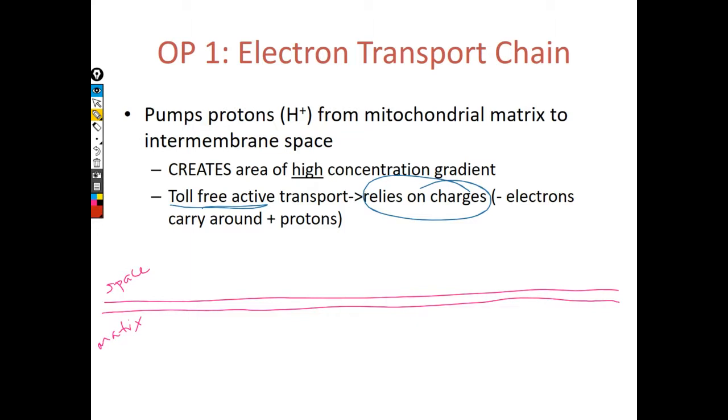I know that any kind of facilitated transport is going to need proteins. This is what makes up our electron transport chain, so I'm going to throw in some proteins on here, as good as I ever lazily draw them.